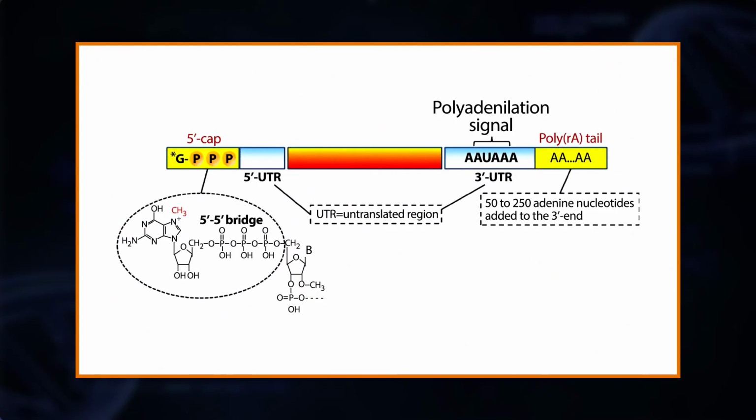Cleavage seems to be coupled with termination of transcription and occurs at a consensus sequence. Mature polymerase 2 mRNAs are polyadenylated at the 3' end, resulting in a poly A tail. This process follows cleavage and is also coordinated with termination.